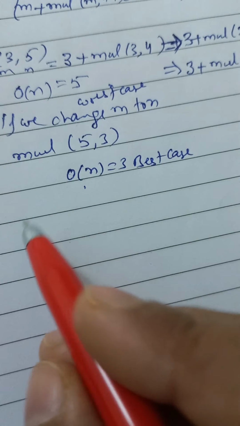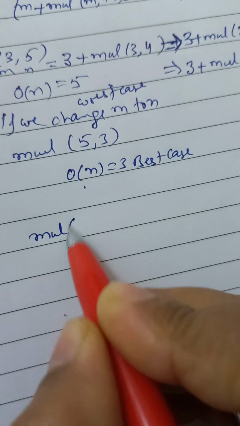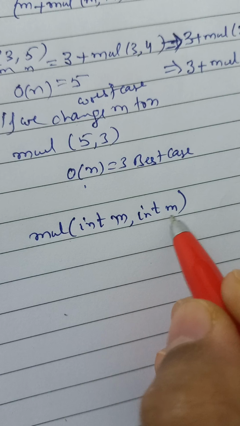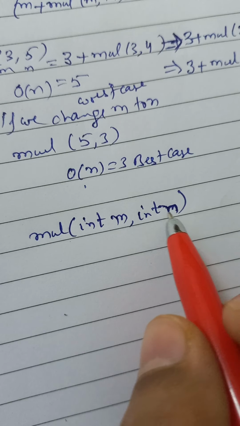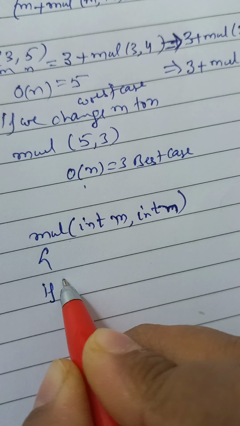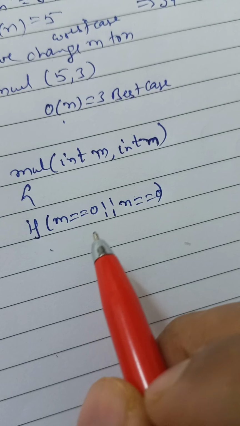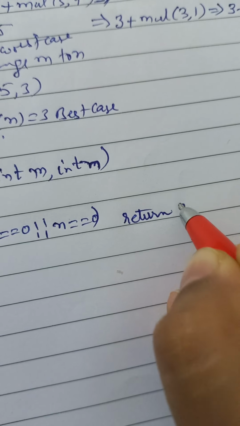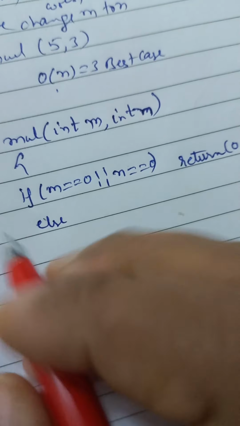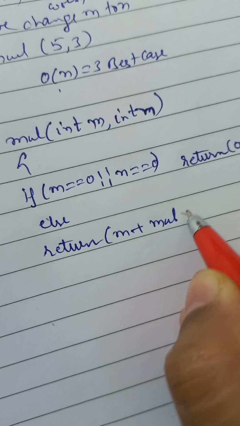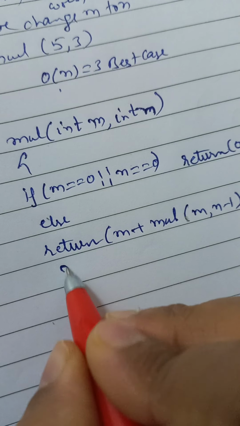So how can we write a program for this multiplication? We can write like this: multiply int m, int n, and if m equals to 0 or n is equals to 0, then return 0, else return m plus multiply m n minus 1, and closing bracket.